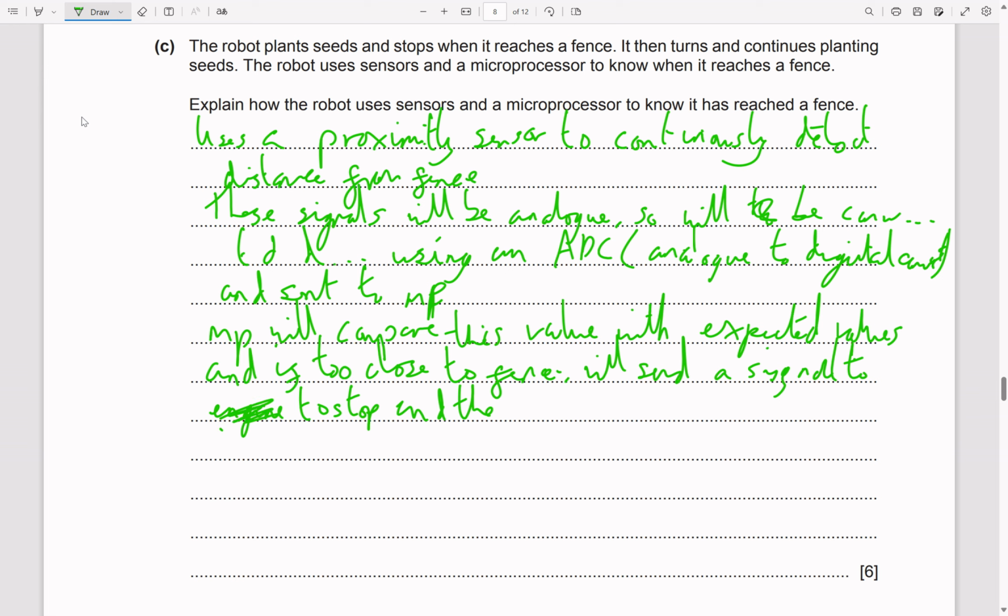Let's write it like this, because in order to turn, the engine can't stop. Turning actually requires the engine to be on and running in order for it to move. This is not really the most important part, how the engine moves, or how the robot moves, to turn around.